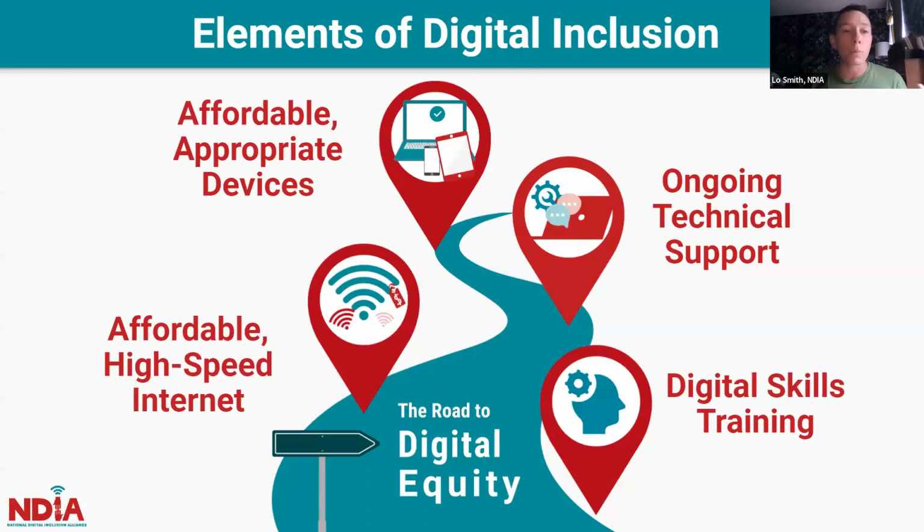We're thinking about affordable, high-speed internet for everyone, and the digital skills training that make those devices, that internet, and that technical support really, really worthwhile and useful for our community members. So you'll see these trends showing up over and over again in what we talk about today and in the future.